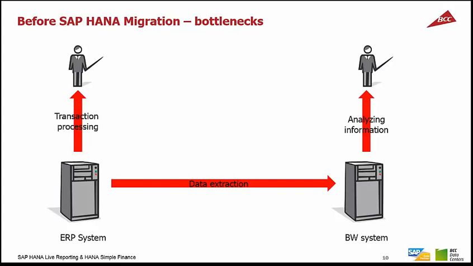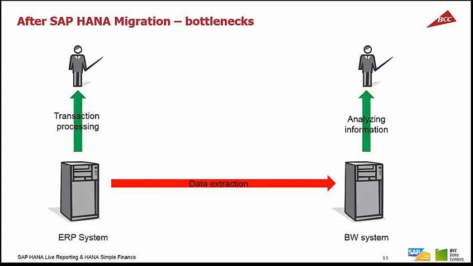The first thing, and the easiest perhaps, is to migrate to HANA. If we migrate these two systems, BW and ERP, to the SAP HANA solution, then we can process transactions with better performance, and the performance of our analysis is outstanding.